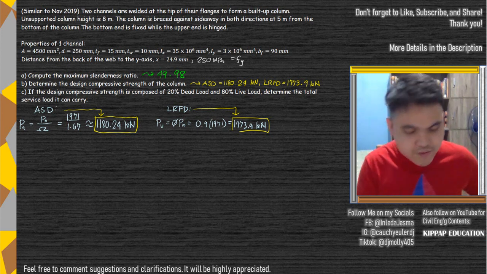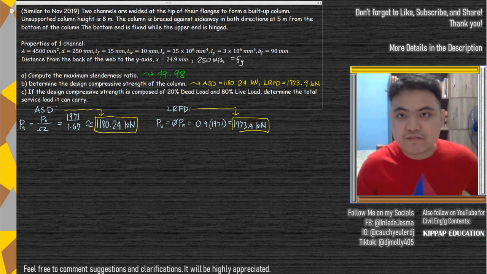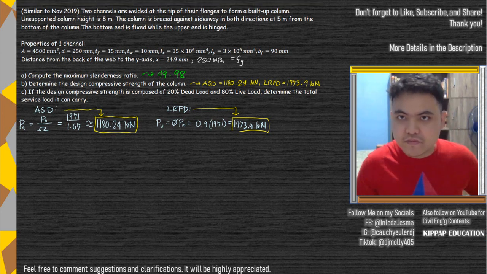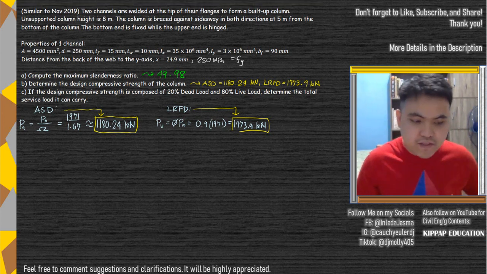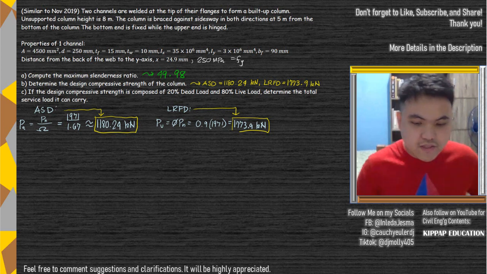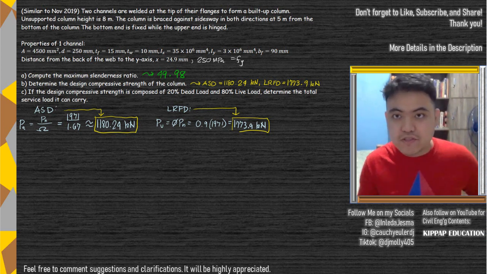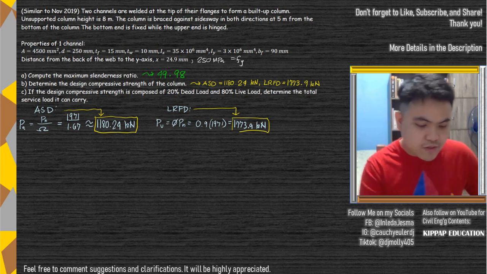But consider this. Dito sa ASD, kailangan pa ba natin ng pag-solve ng dead load and live load? Di ba ang ASD niyan, hindi mo kino-consider yung factor, yung 1.2 and 1.6 for dead load and live load.